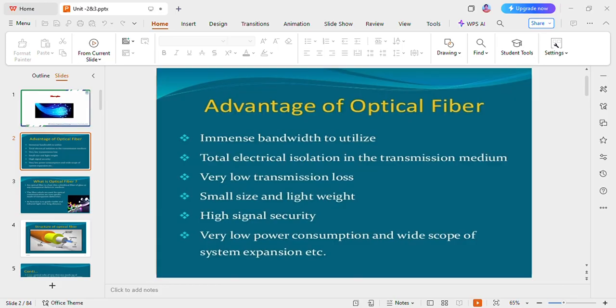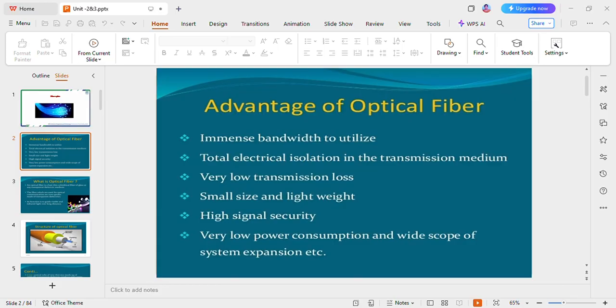The first diagram shows a central core of refractive index N1 and the cladding of refractive index N2. Surrounding that we have an air medium, whose refractive index N0 is about 1. When the light moves from the core medium to the cladding interface, it has an angle of incidence phi1 and the angle of refraction is phi2.